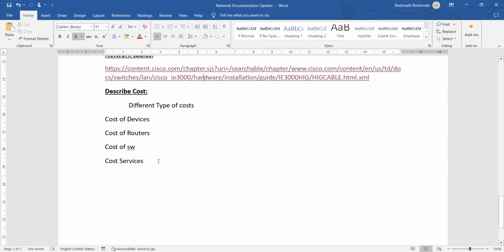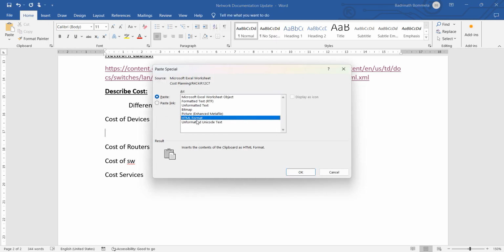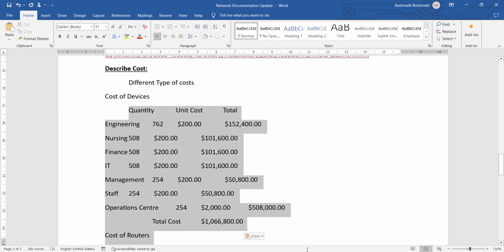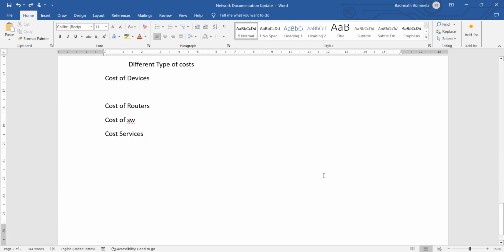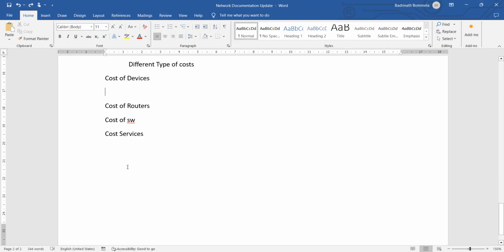Type separately and copy it like this. You can get your detail like this. My suggestion is take tables, write it, and ensure that your tables contain different elements. So that's all from this document.